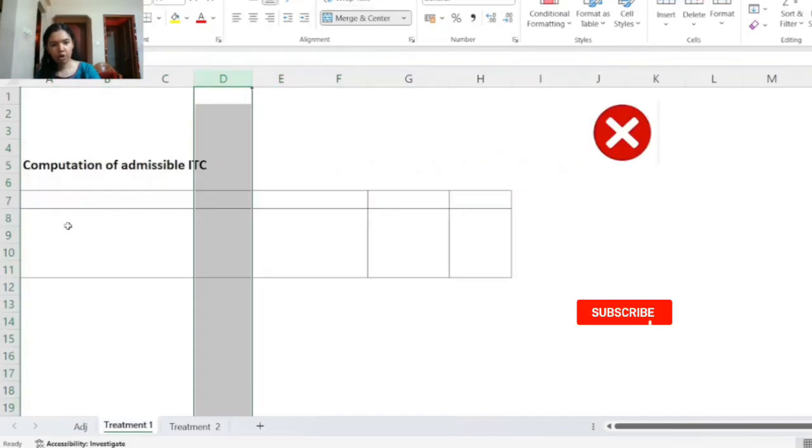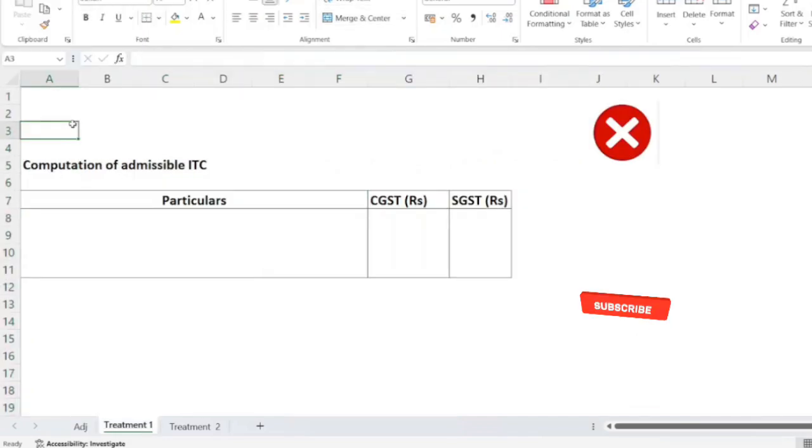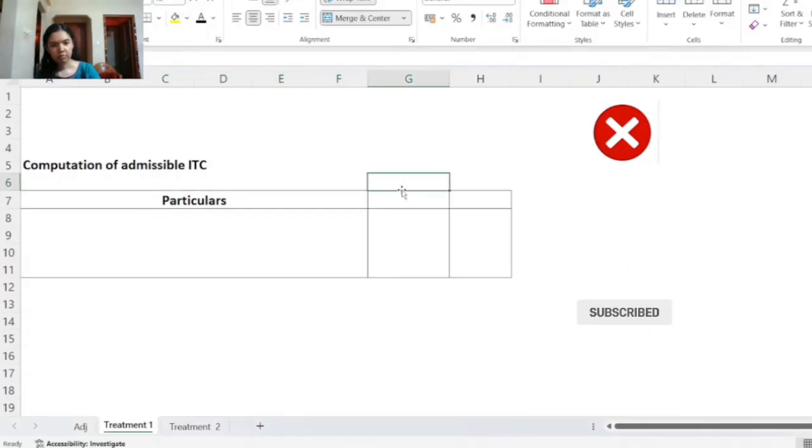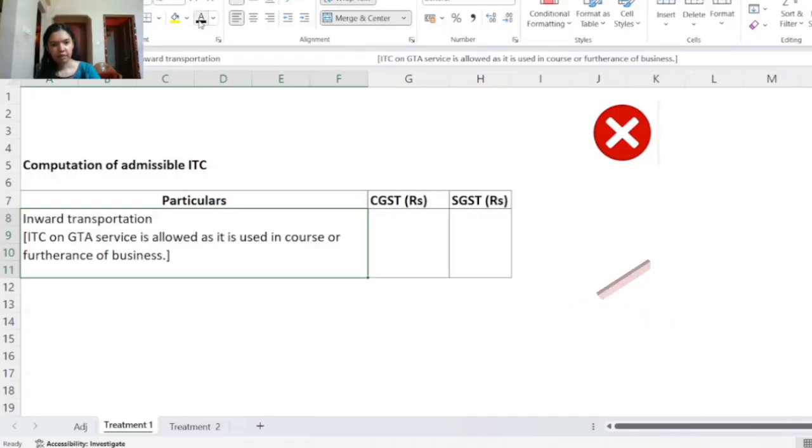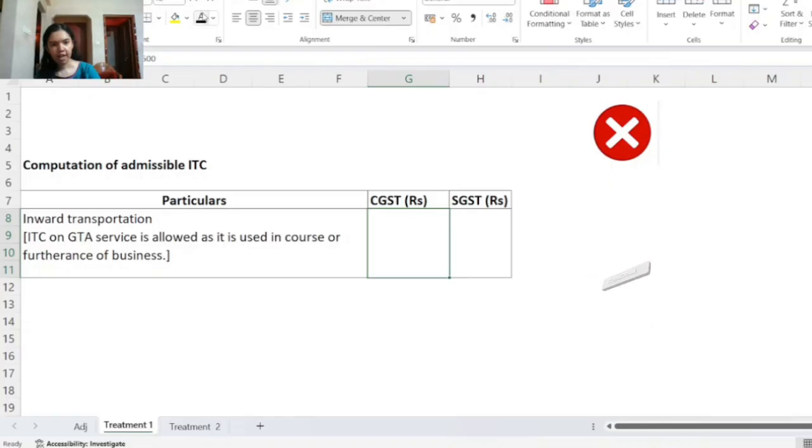First I will show you the wrong treatment. Computation of admissible ITC. So here we have the particulars and here we have CGST and SGST. And in particulars, inward transportation ITC on GTA service is allowed as it is used in course or furtherance of the business and 5% 1500. So usually the students show like this.